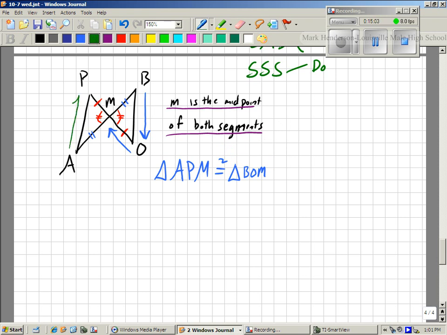It goes from A to P, and then across the side with one slash through it. So we go from B to O across the side that we don't know, and from O to M across the side with one slash in it. I agree, it is a little bit difficult. So is M always the last one? For these, it was. That doesn't necessarily mean it's always going to be.